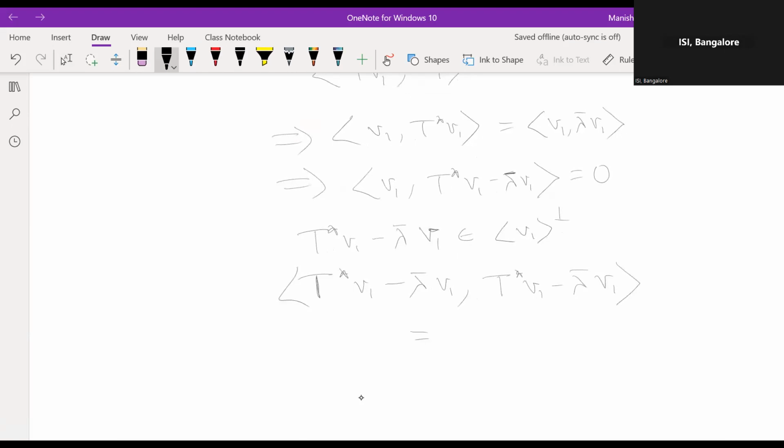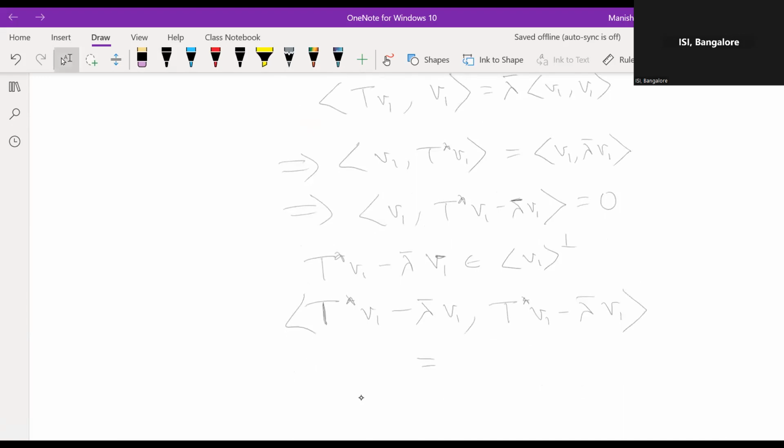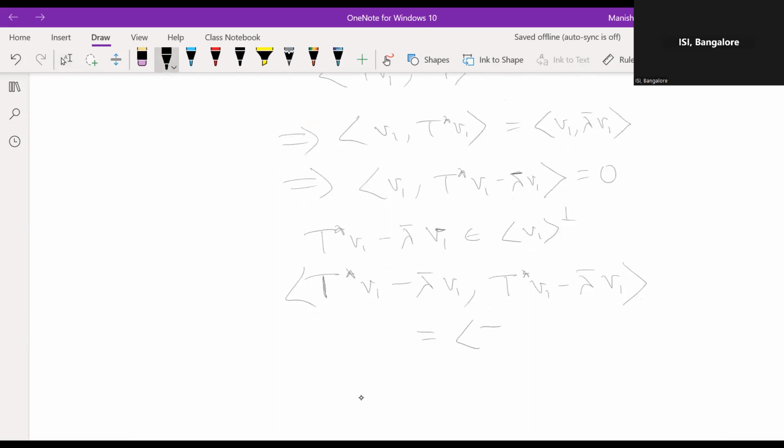If T star is normal, then lambda bar I V1 comma T star minus lambda bar I V1, one can expand it, but I'll take a shortcut. T is normal, and hence T star is normal, and identity is also normal.